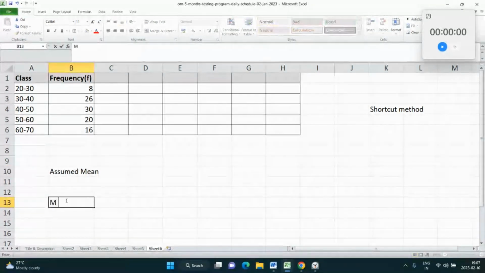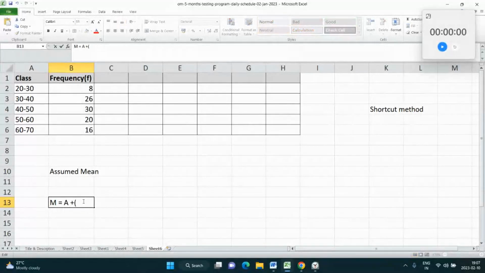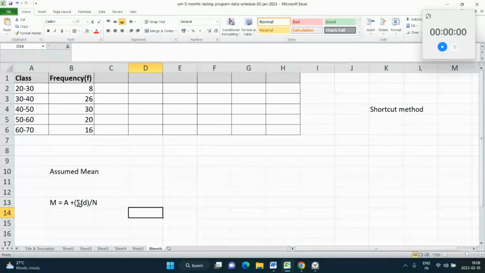Formula: mean is equal to this assumed mean plus sigma fd by capital N. This is your shortcut method formula. M is equal to A plus sigma fd by N.